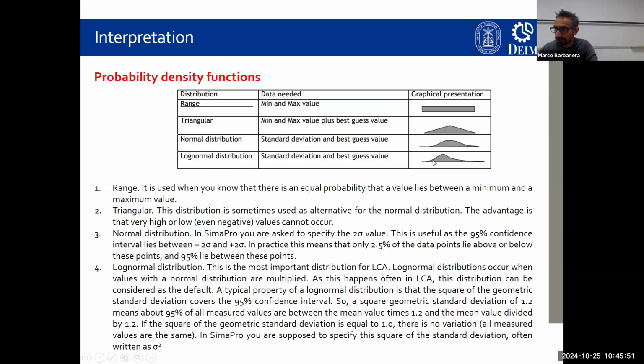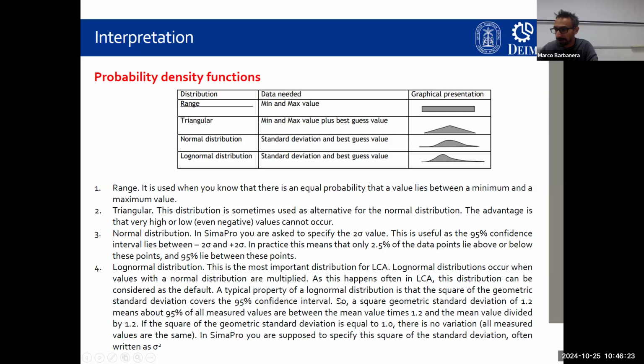Log normal distribution is quite similar to the normal distribution, but the best guess value is not in the center of the curve, but is a shift on the left, as you can see in this curve.